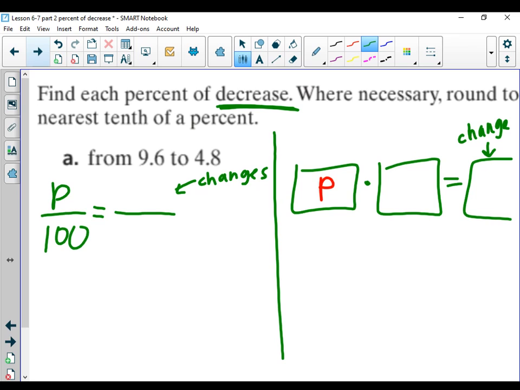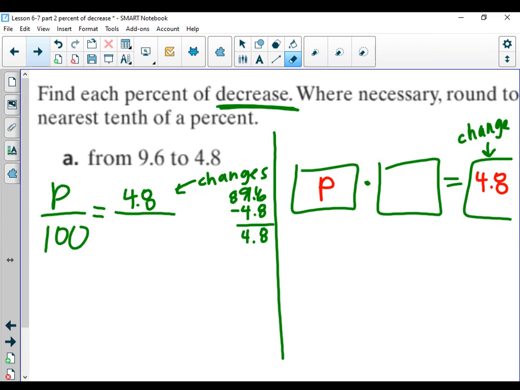It used to be 9.6 and now it is 4.8. And then the whole original amount.